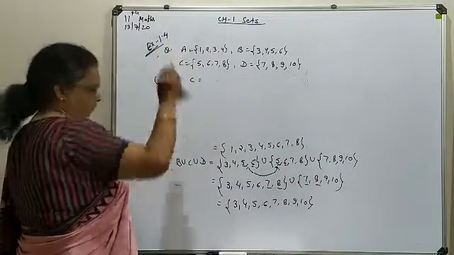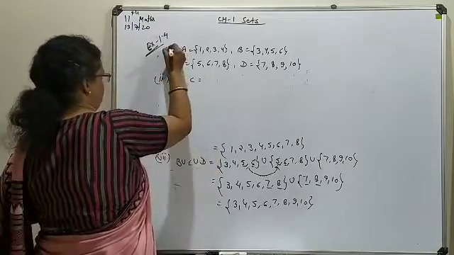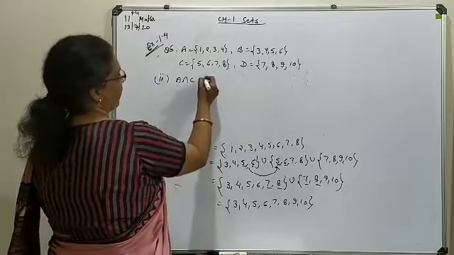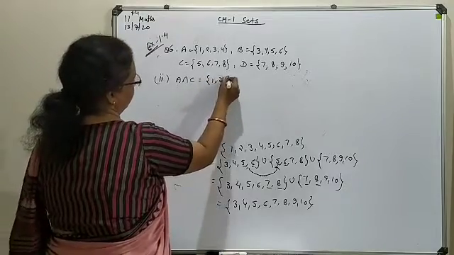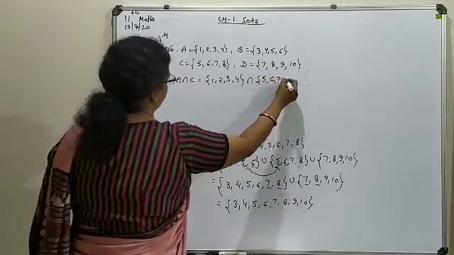It is your question number 5, in which with the same combinations you have to perform intersection. So A intersection C. Formally we will write everything in the same order. Intersection with C means 5, 6, 7 and 8.